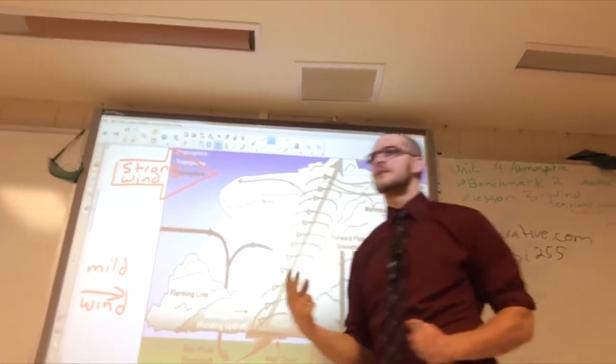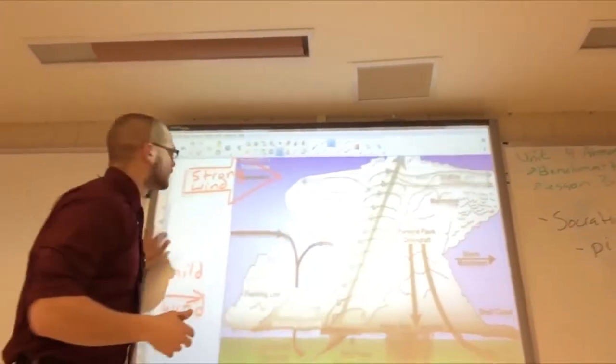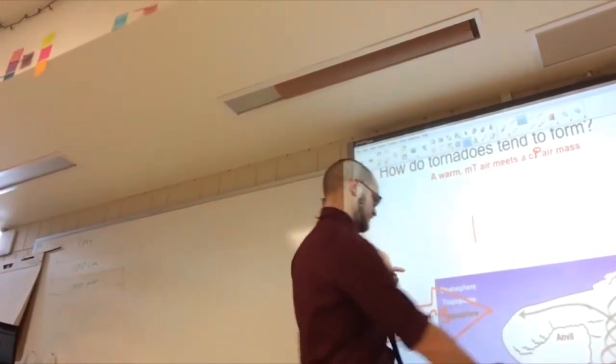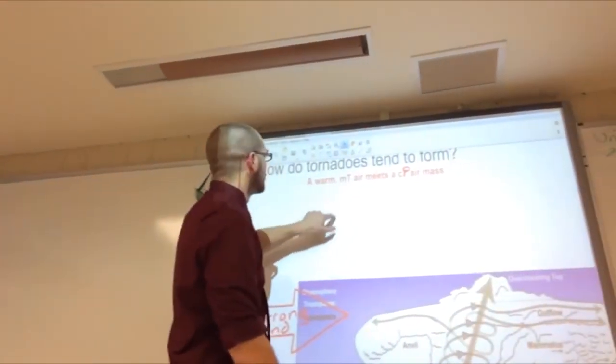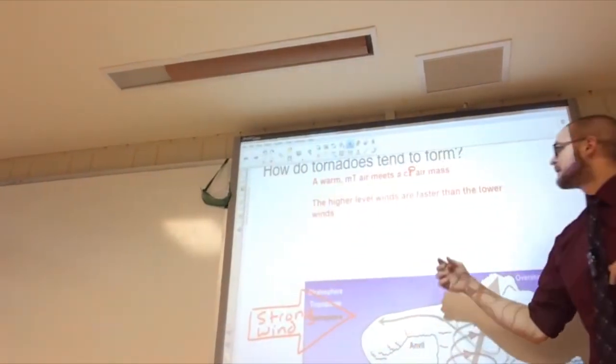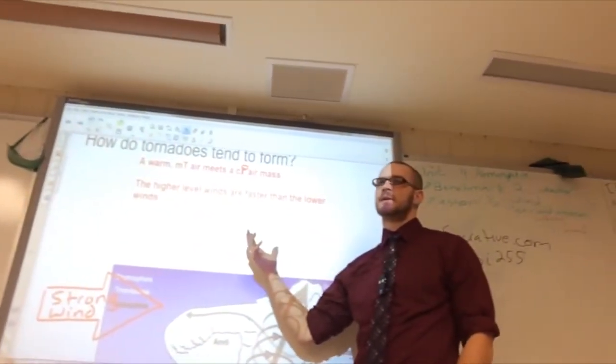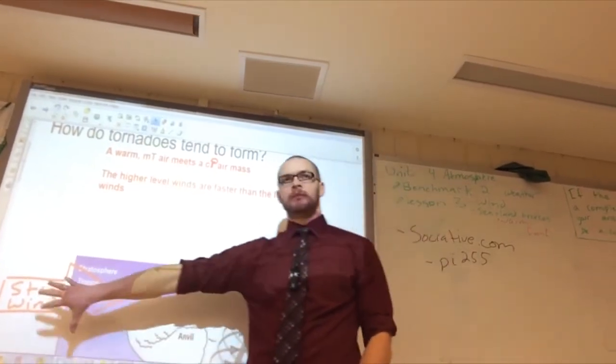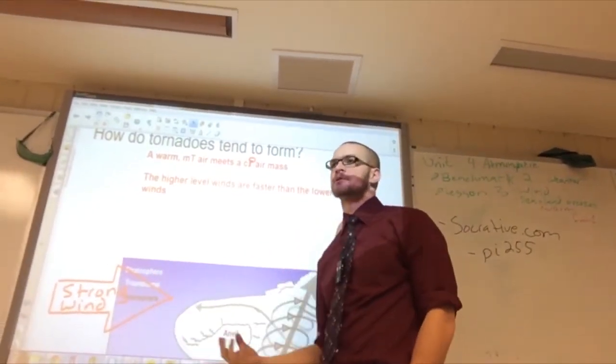That's the second thing that you need for a tornado to form. So secondly, the higher level winds are faster than the lower winds, is the second little bit of notes. Okay? Make sure you draw a large arrow and a small arrow to show that.